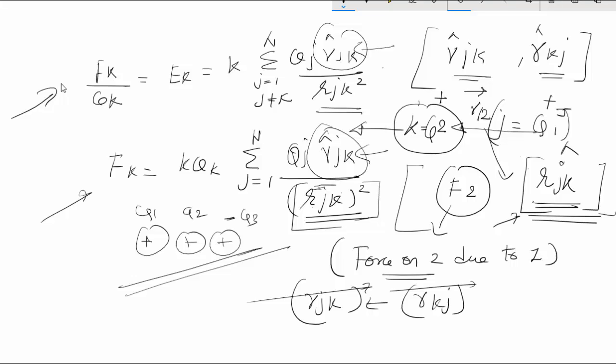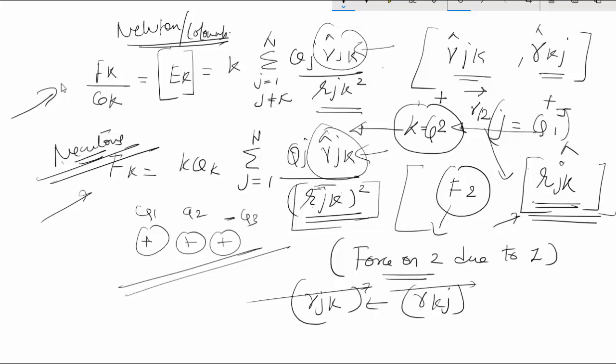So that's what you want to take into consideration, and the unit of the force will be Newton, and the unit of the electric field strength, or electric field intensity, will be Newton per Coulomb.